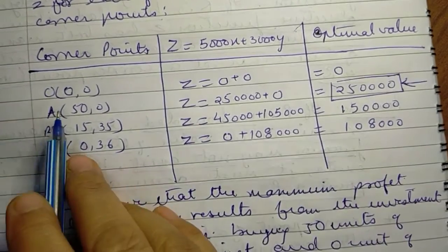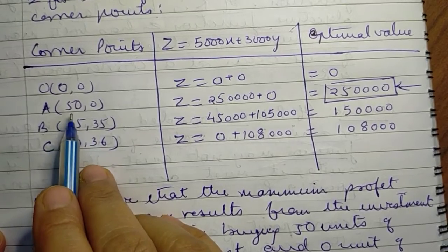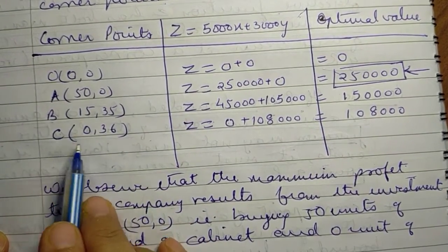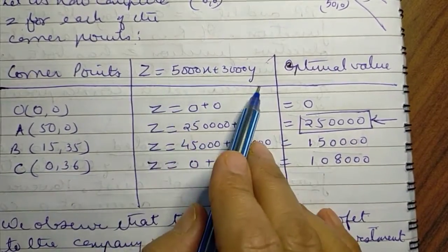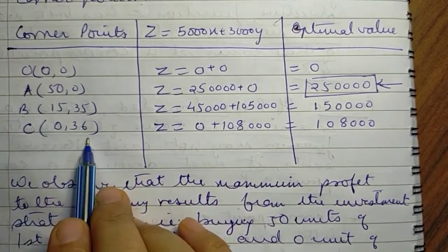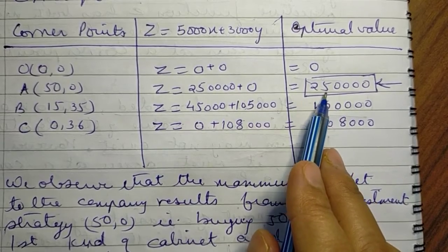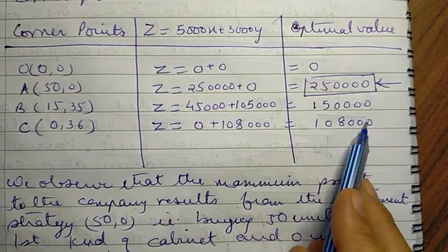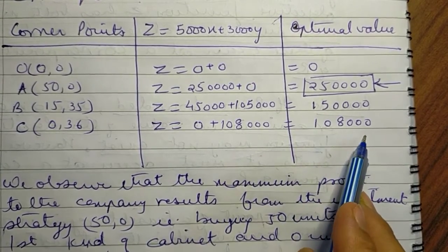The corner points are O with coordinates (0, 0), A (50, 0), B (15, 35), and C (0, 36). Substituting in Z, we get the values as 0, 250,000, 150,000 and 108,000.